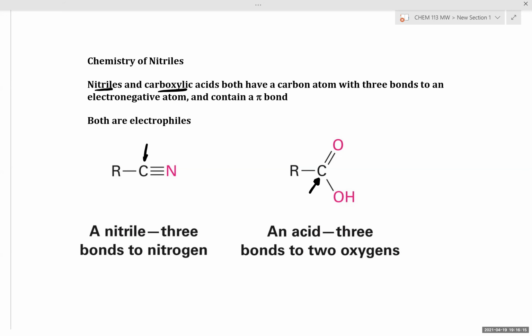And whether or not you decide to plan your synthesis going through a carboxylic acid or nitrile really depends on the exact pattern of reactivity you need. Because although they have a similar oxidation state, as we've seen, for example, with reactions with Grignard reagents, they have different chemoselectivity patterns.